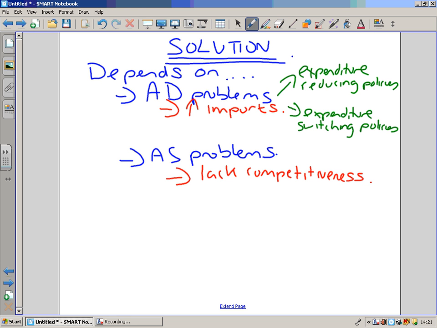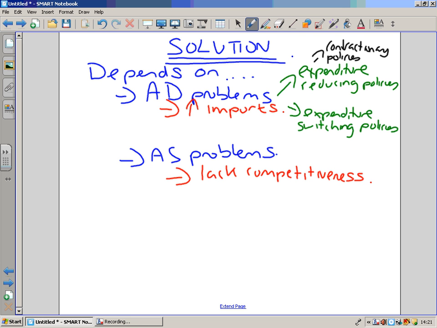What we have to do here in effect is to make people poorer. We need to contract the economy. So what we would use here are contractionary policies. In effect, we lower AD in the economy.